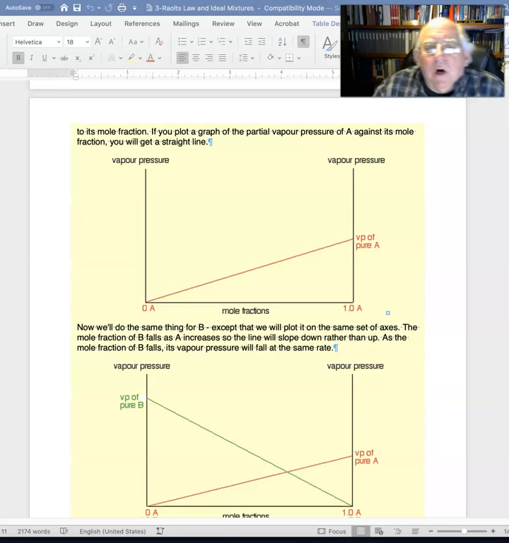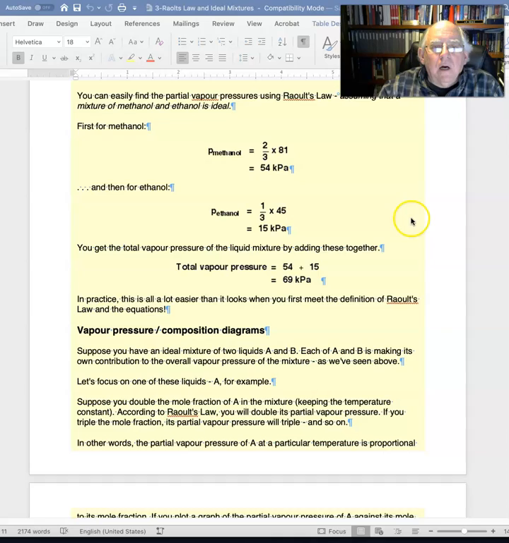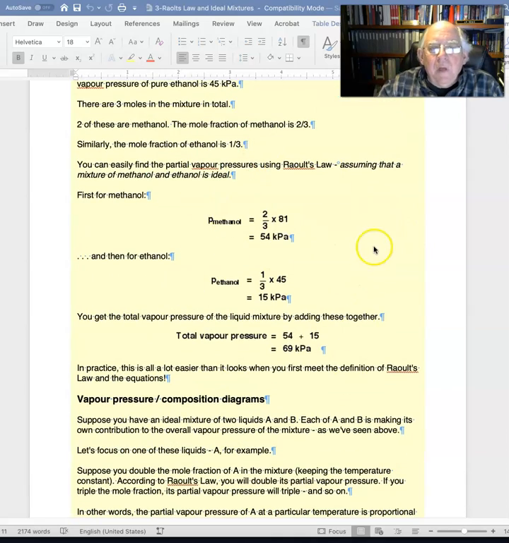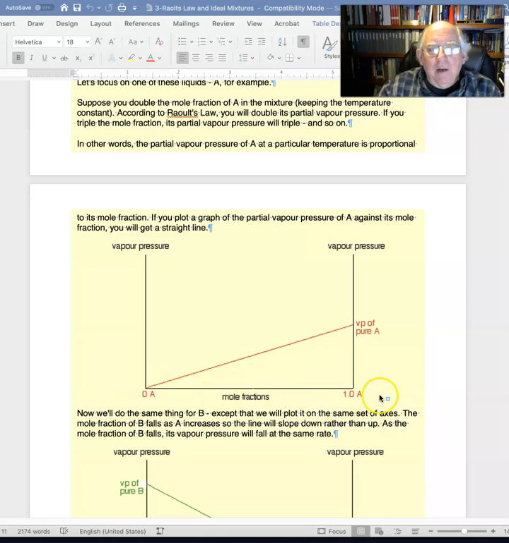And so, based on the definition of Raoult's law that we just looked at, we could actually plot that by plotting on the x-axis one of the mole fractions. In this case, if we were to plot from 0 to 1 the mole fraction of component A, and then on the y-axis the vapor pressure.